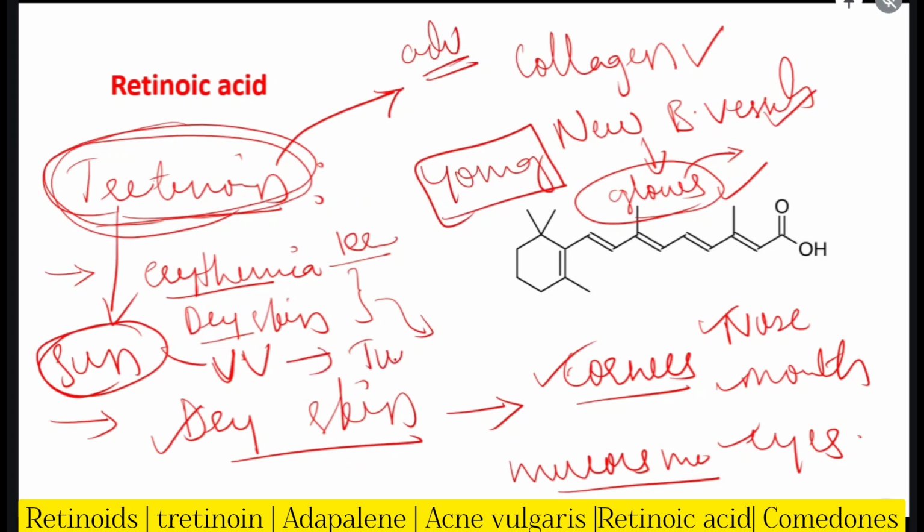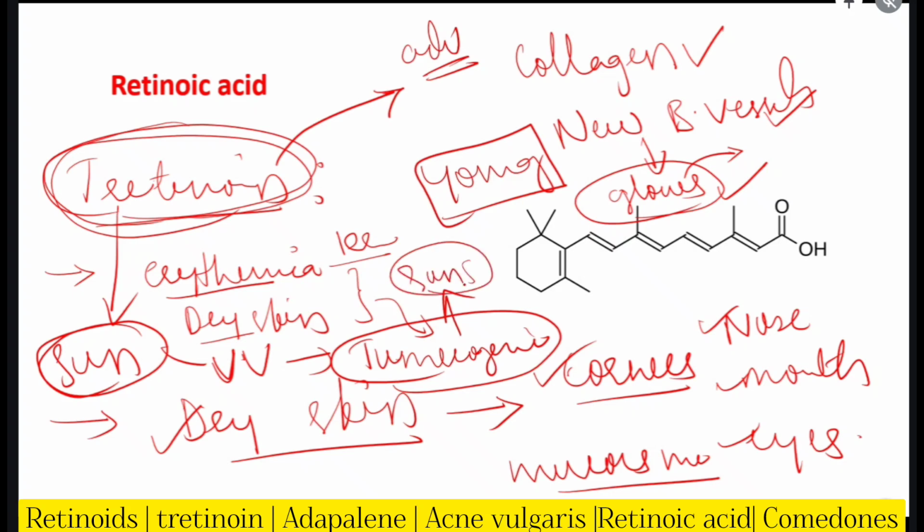It is tumorigenic. That's why those who apply tretinoin on the face shouldn't be exposed to the sun. It can cause skin cancer, so avoid sun exposure. This is an important point. If we do go under the sun, we should apply sunscreen and then go.